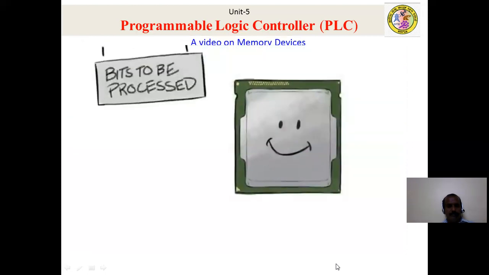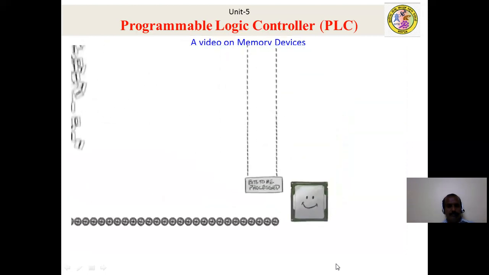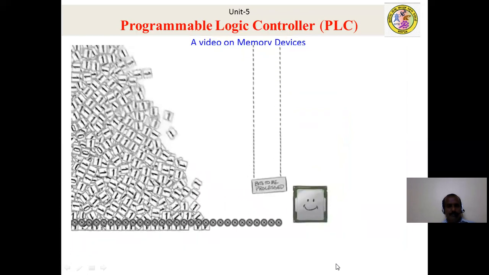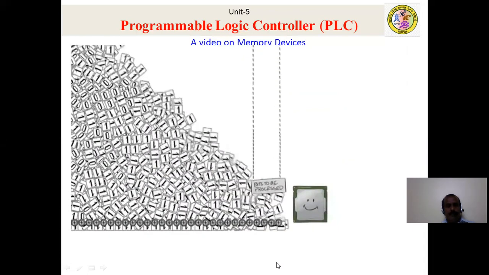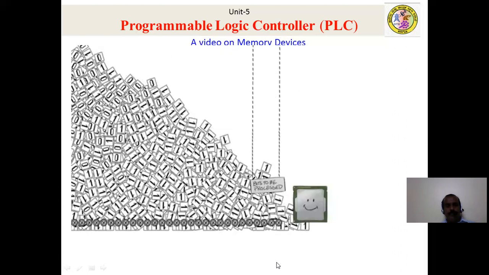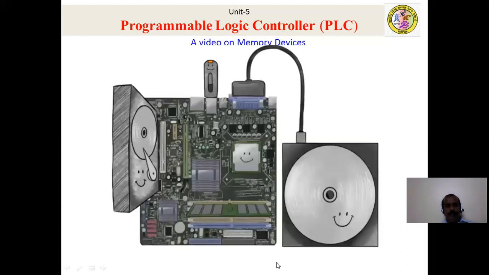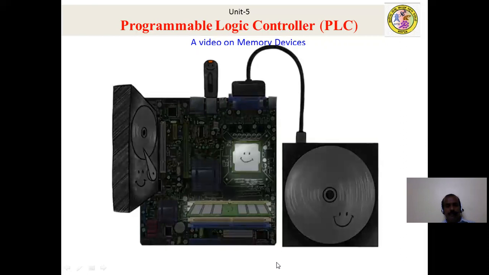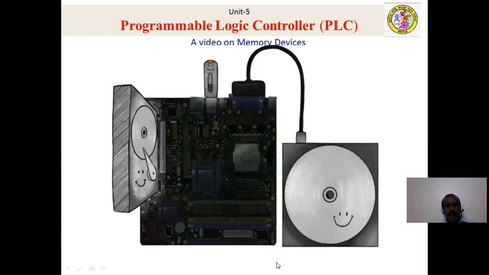And as the number of bits needing to be processed grows exponentially, computer designers face a constant struggle between size, cost, and speed. Like us, computers have short-term memory for immediate tasks and long-term memory for more permanent storage.